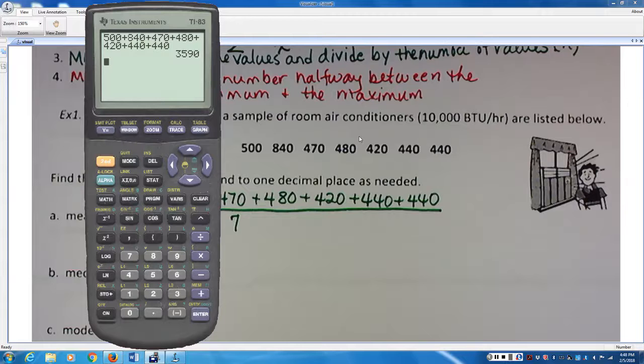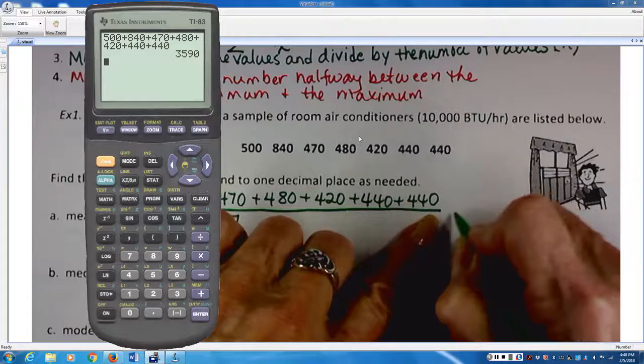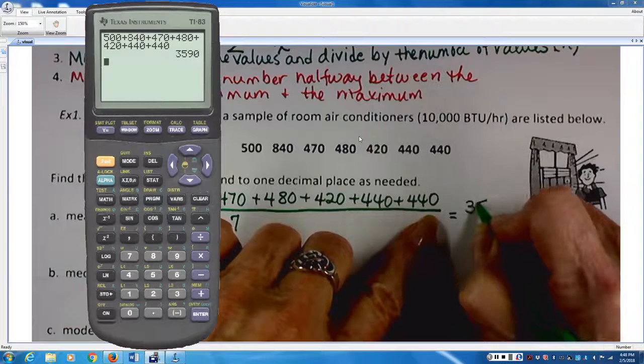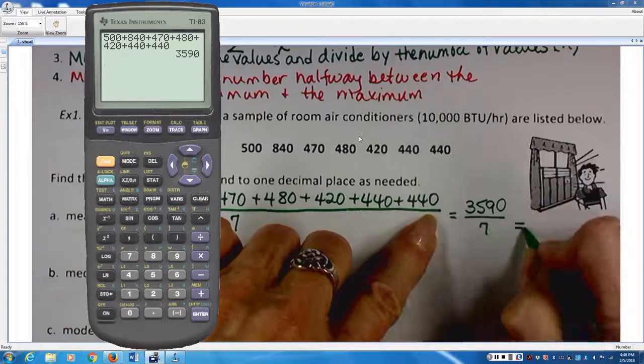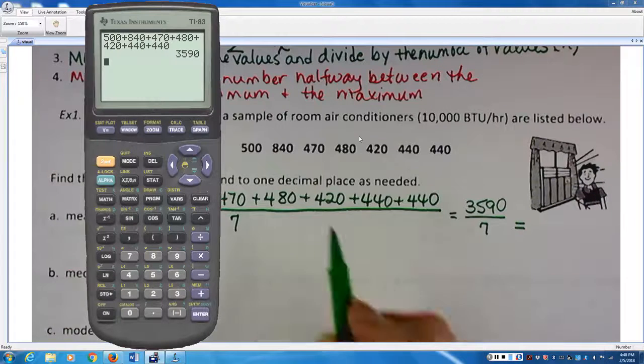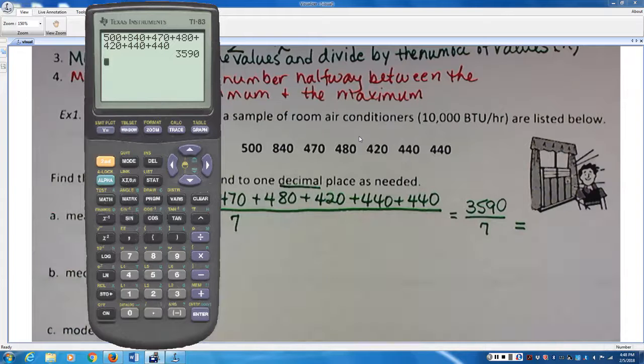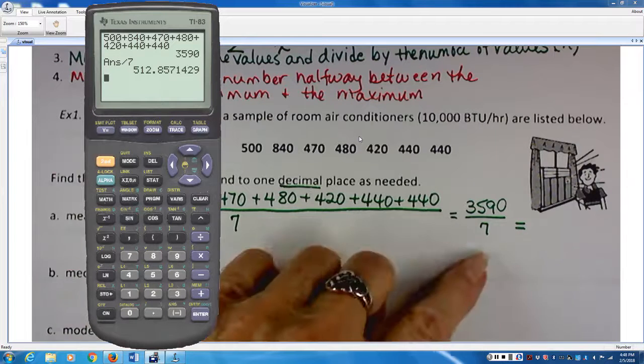So that comes out to be 3590 over 7. And we're going to round to 1 decimal place. We need 1 decimal place more than what our data is, and our data is whole numbers. And that comes out to be 512.85, which we'll call 512.9.